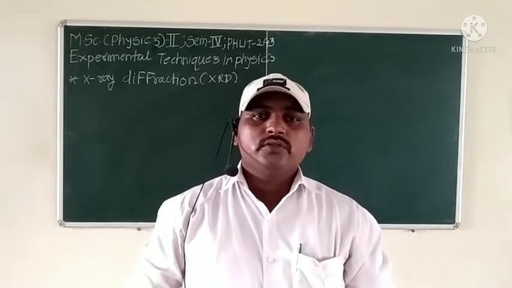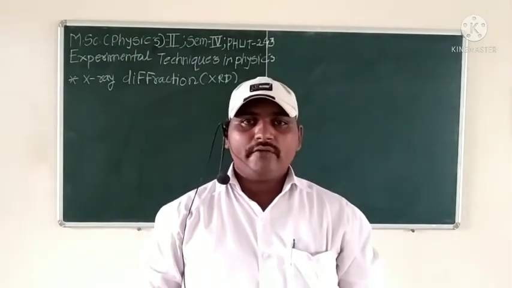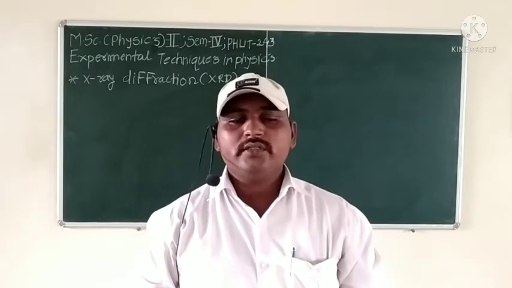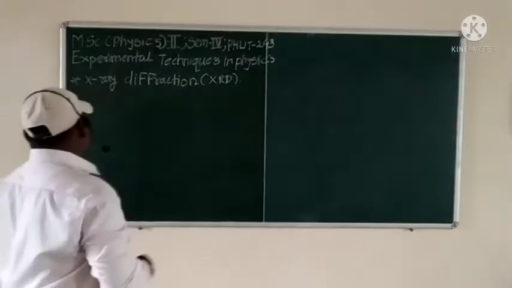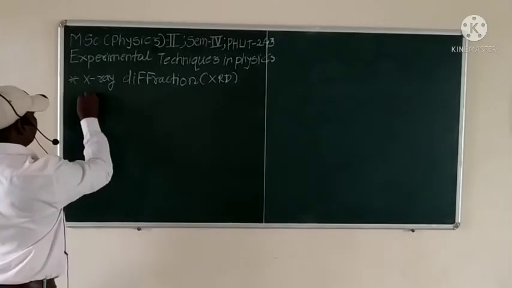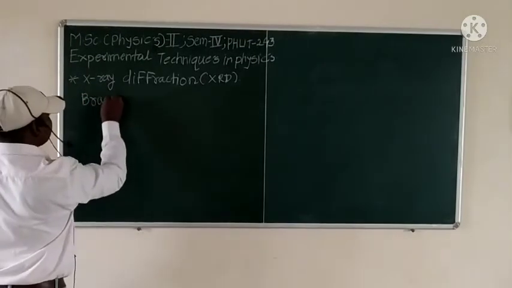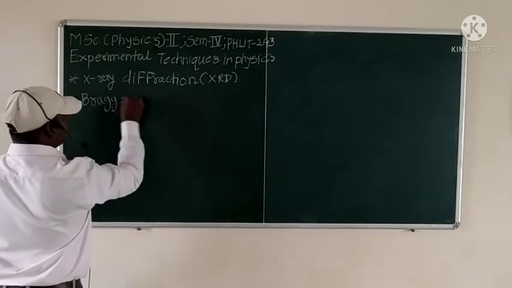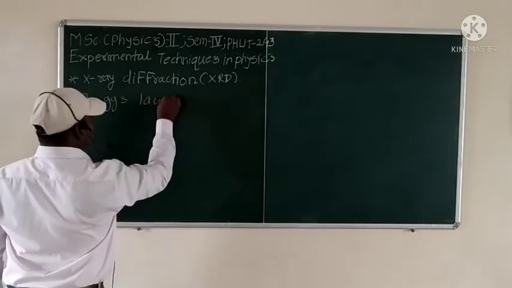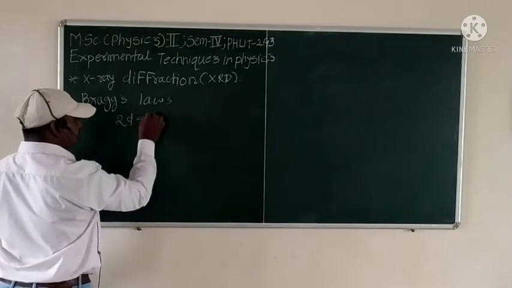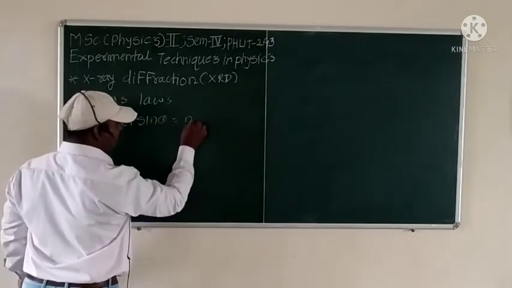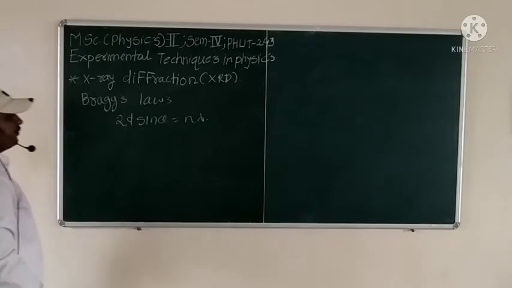Okay? So X-ray diffraction occurs only when the Bragg's condition is satisfied. So we have stated that the Bragg's law is 2d sin theta is equal to n lambda.